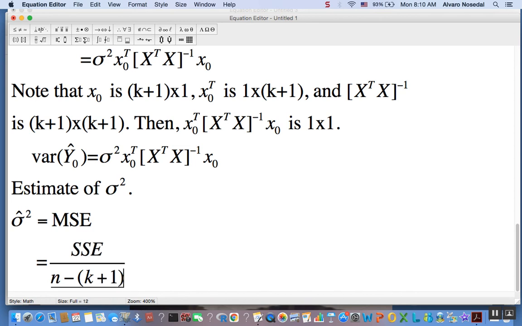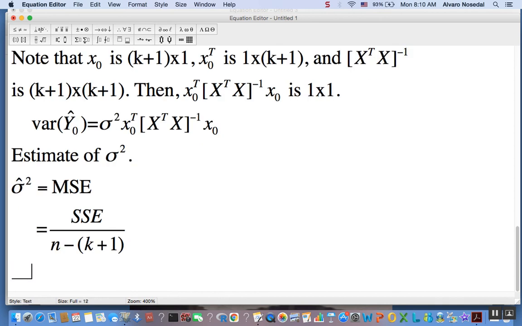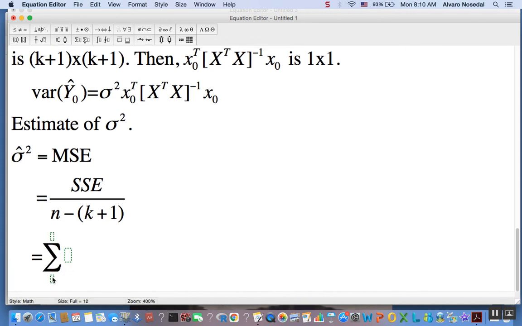Okay, and the sum of squares for the error is just something like this. We have all the epsilons, right? Well, not all the epsilons. Now we're going to have e's.